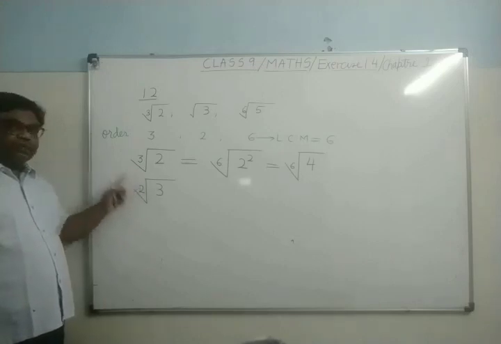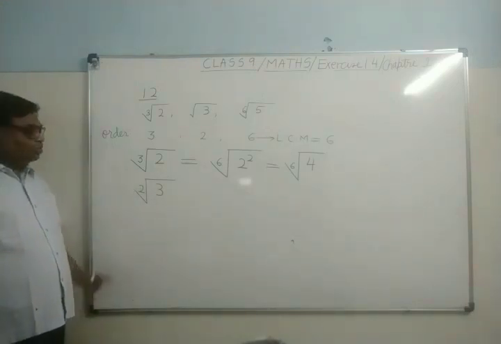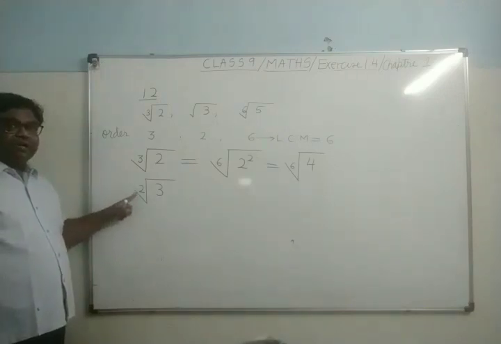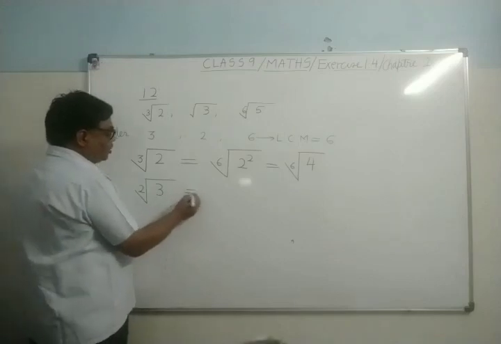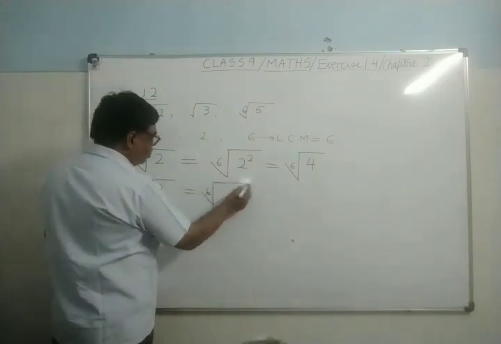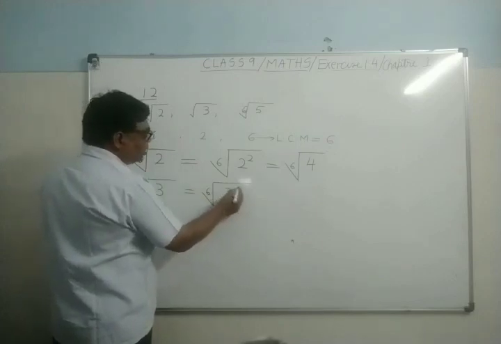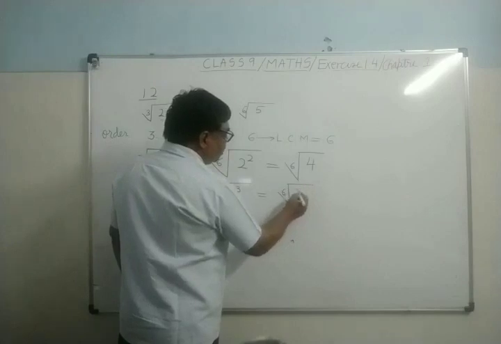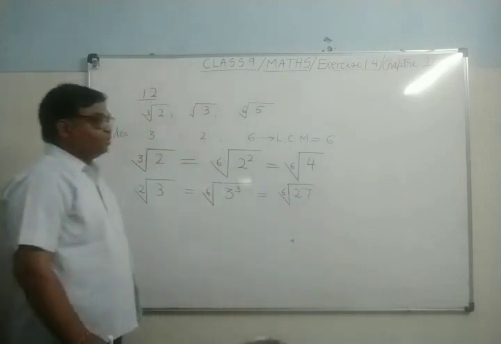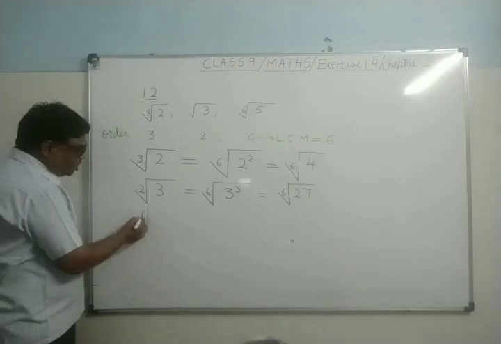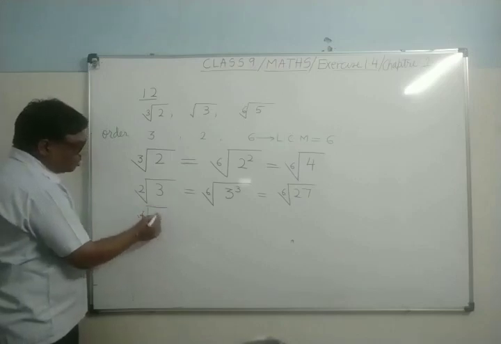If there is nothing, it means it will be 2. So how will you make 2 into 6? By multiplying with the number 3. So now you will raise how many powers? 3. So it will be equal to 6th root of 27. Is it clear?